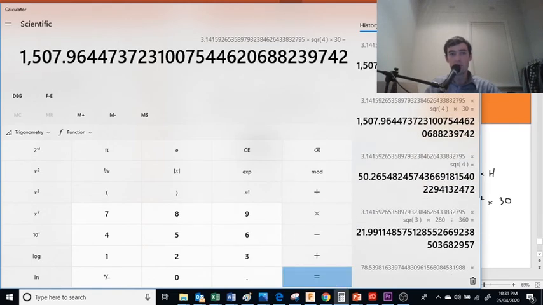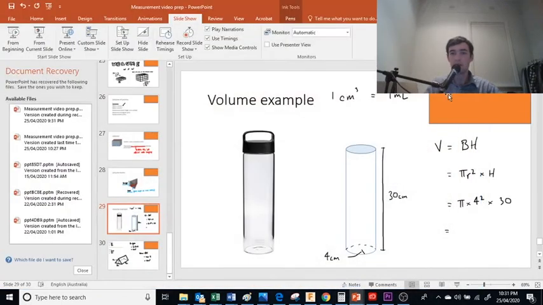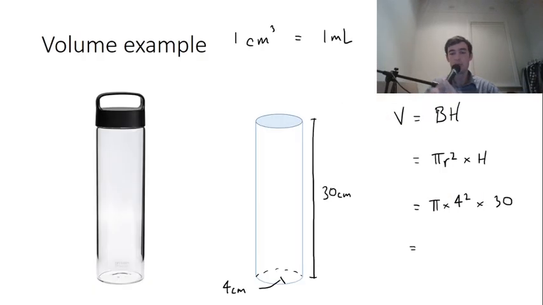So it's roughly 1508 centimeters cubed. And now that means it's that many milliliters as well. So that's basically equal to around 1.5 liters. So quite a big drink bottle.